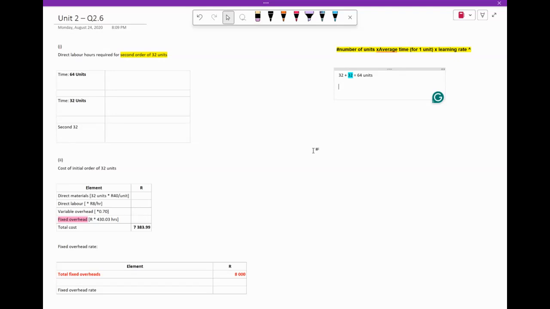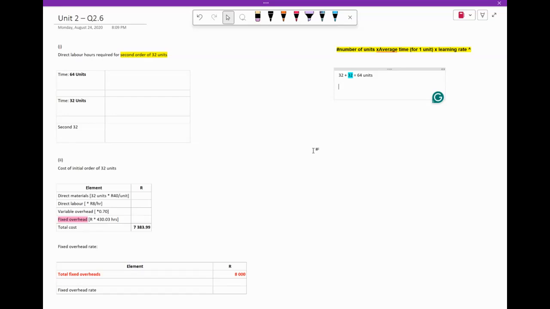And for those of you who were with us when we started the learning curve, you remember we said we only move in doubles when looking at the learning curve. Then the last one is using the data provided, estimate the product cost for the second order of 32 units.